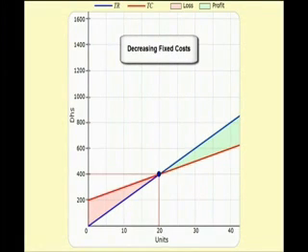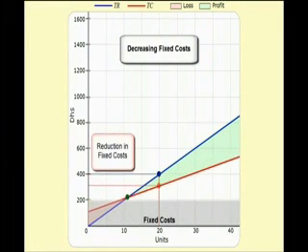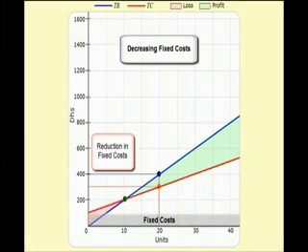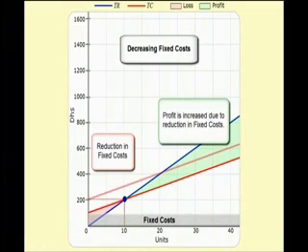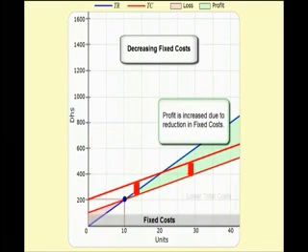Suppose the management develops a new process, layout, or selection of new equipment that reduces fixed costs for the company. Profit is increased by the amount of savings on the fixed costs. On the break-even chart, a reduced fixed cost lowers the total cost line, which results in increased profits to the company.